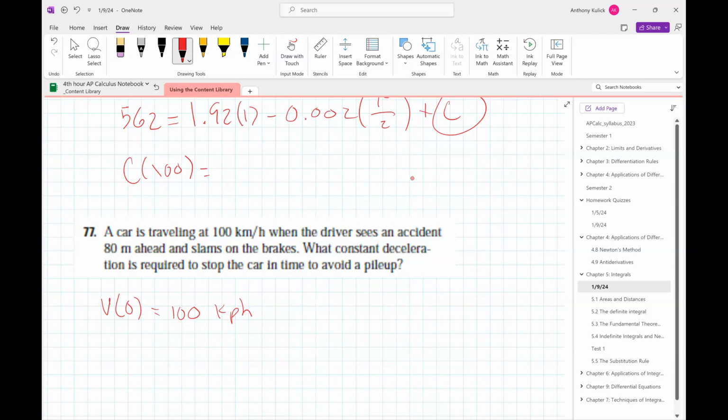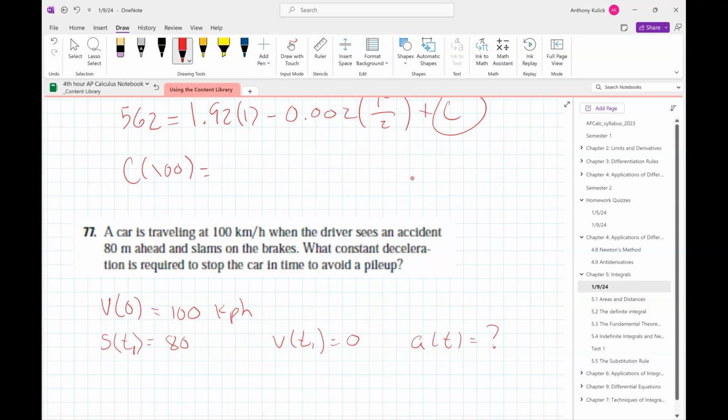So I need to find s of t, I'm going to call that s of t1, has to equal 80, and then v of t1 has to equal 0, right? And we want to find this a of t. Does that sound about right about what we're looking for?